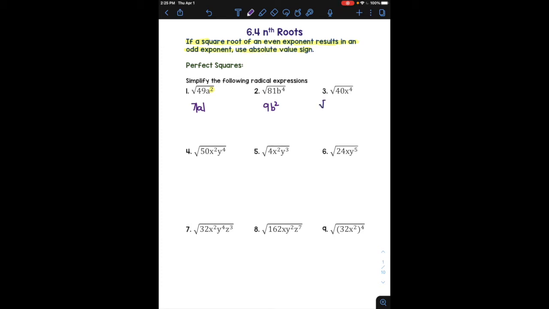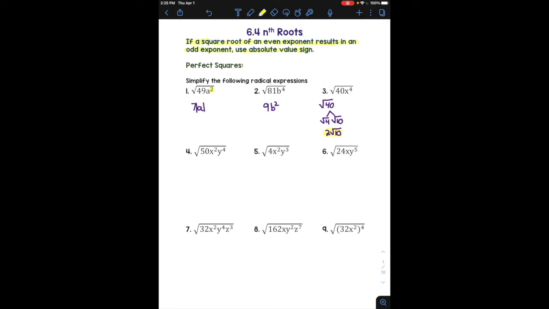So if you remember a couple of chapters ago, we're going to simplify the square root of 40. We're going to use the biggest perfect square that goes into 40 in order to simplify, which would be 4. We could rewrite this as the product of the square root of 4 times the square root of 10, or the simplified radical expression would be 2 root 10.